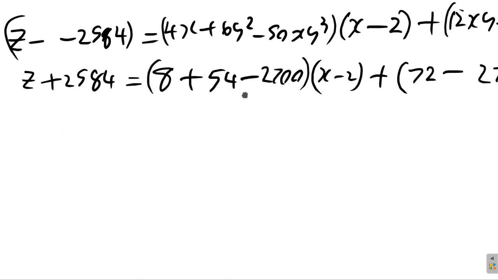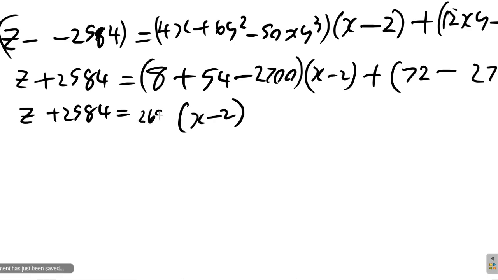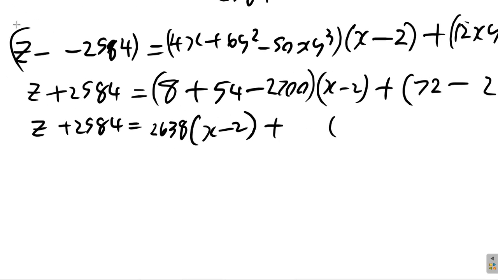So what you have here is z plus 2584 equals, remember x is 2 and y is 3, so it's 4 2s 8 plus 3 3s 9, 9 6s 54, minus 2 times 3 3s 9, 9 3s 27, multiply that by 50, you get 2700, times x minus 2, plus 12 times 2 times 3 is 72, minus 75 times 2 squared is 4 times 3 squared is 9, is 2700, times y minus 3. So work this out now. Z plus 2584 equals, I have x minus 2, but the number before it is 8 plus 54 minus 2700 giving us negative 2638. Then y minus 3.